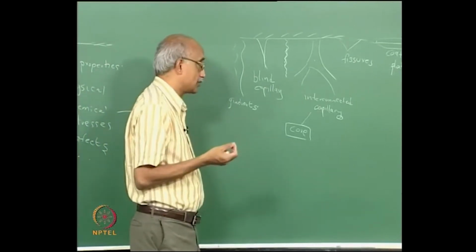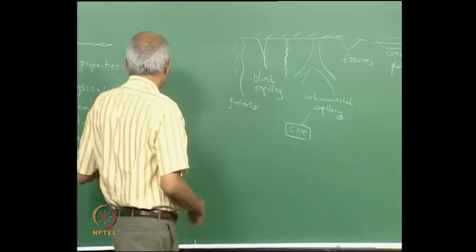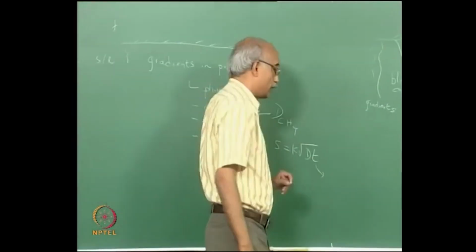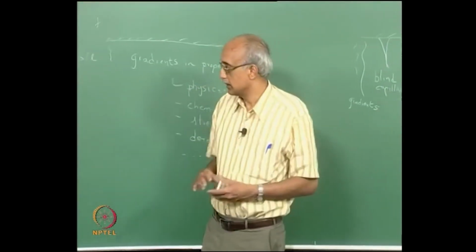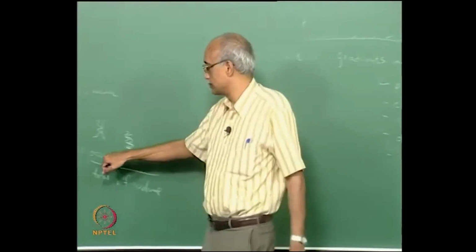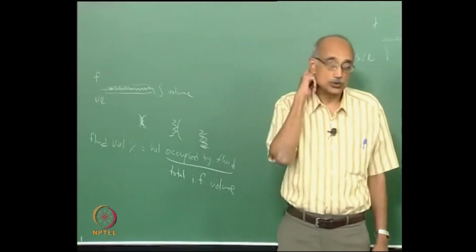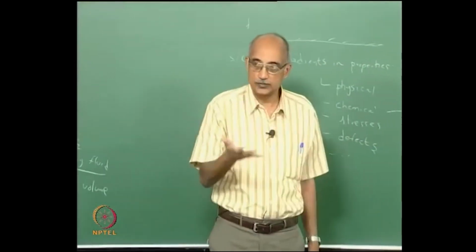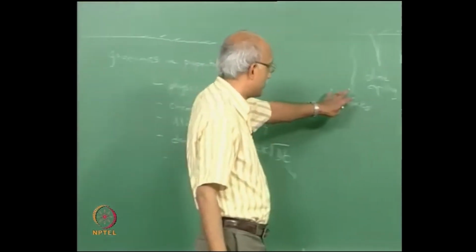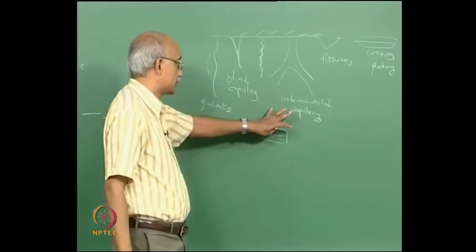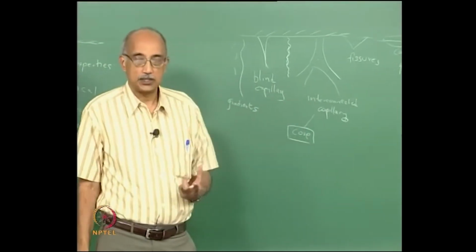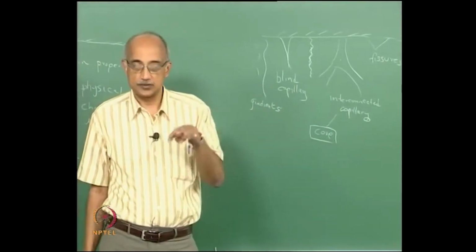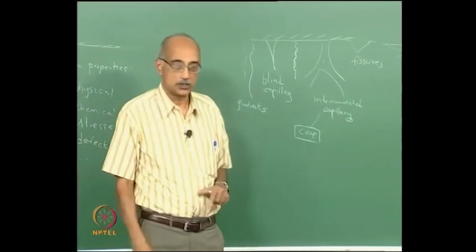The other thing that you will find is that just like in this case where the volume percentage plays a huge role in determining the properties of the surface, similarly the properties of the subsurface are also affected by the volume percentage of the fluid that has penetrated into the subsurface region.